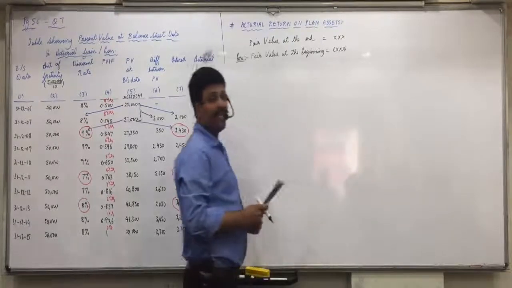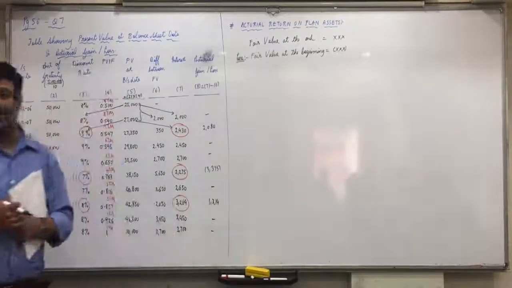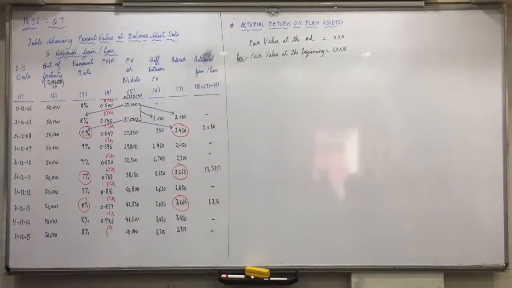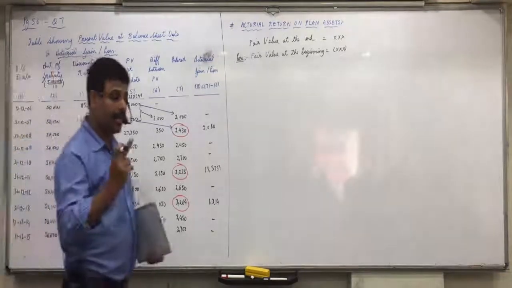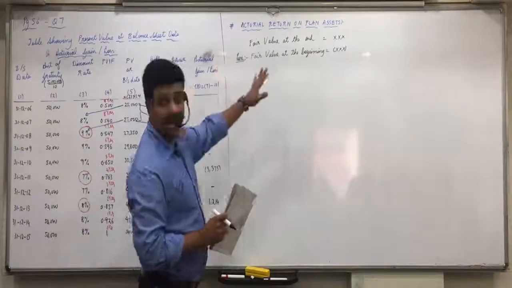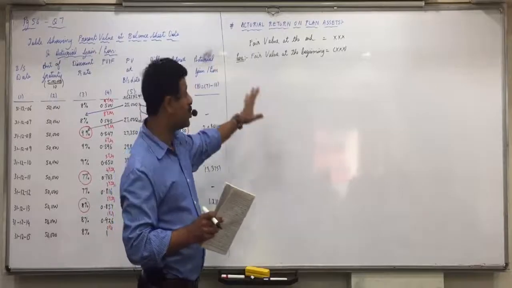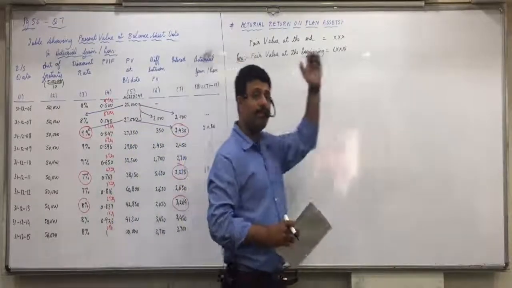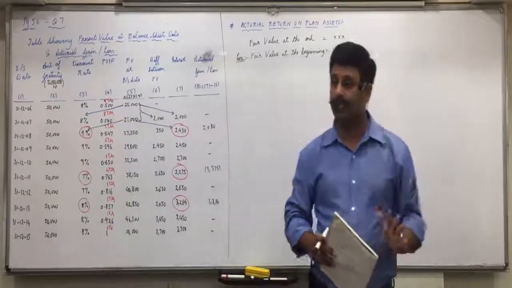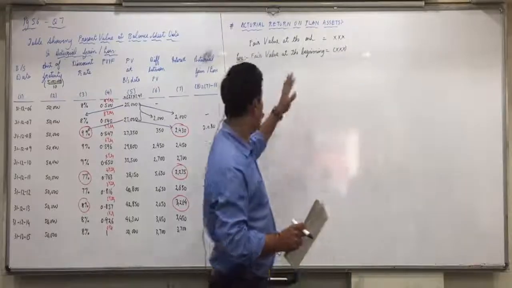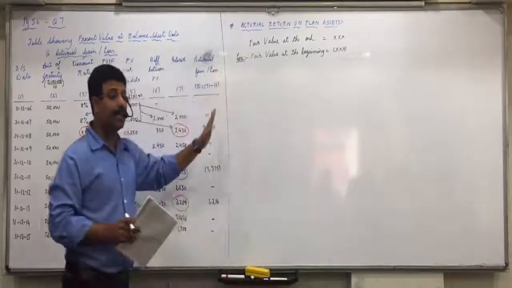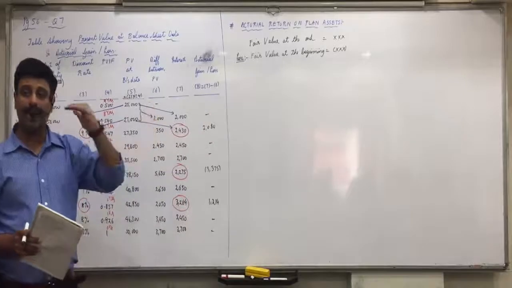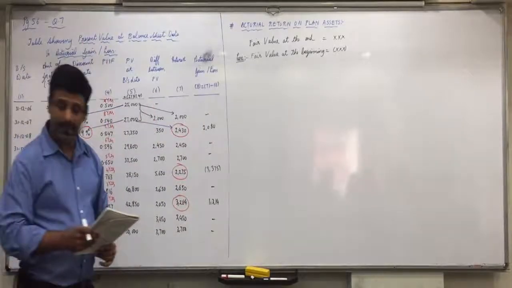So the difference between the fair values: like in the beginning of the year you have invested 50,000, at the end of the year it becomes 53,000. So you have received a return or gain of 3,000. Fair value at the end minus fair value at the beginning shows the appreciation in the value of investments.